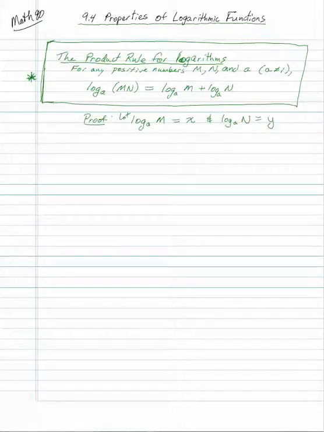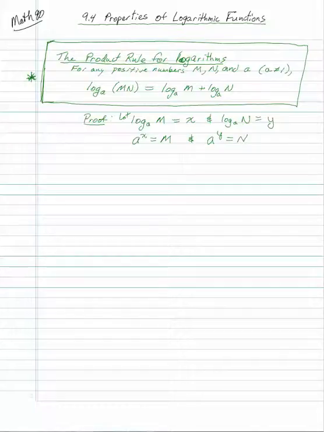Then from our definition, using exponent rules, writing it in exponential form, a to the x equals m, and a to the y equals n.